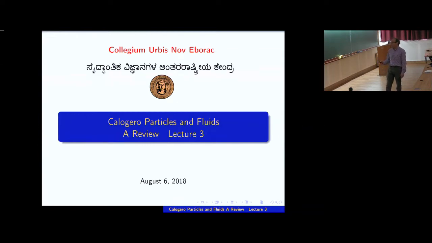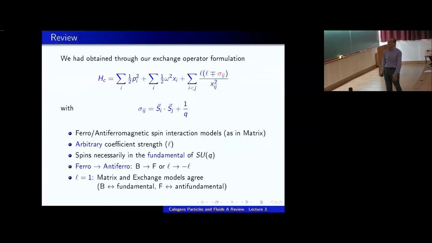As a review, I just remind you that last time we left it, using the exchange operator, or exchange Calogero model, and restricting ourselves to purely bosonic or fermionic states of particles with internal degrees of freedom, for free, without any extra work, we ended up with a model where the particles also have spin.